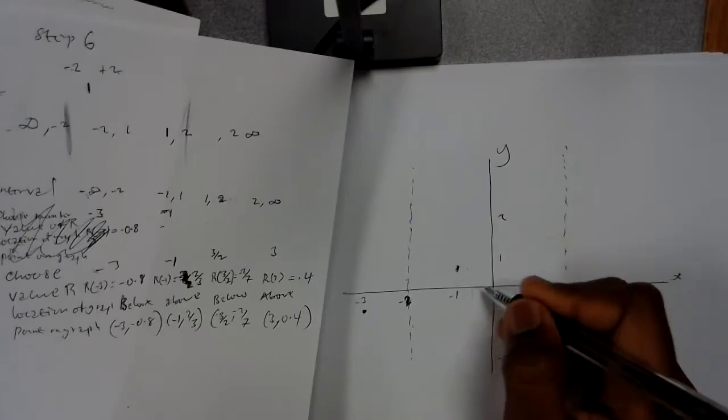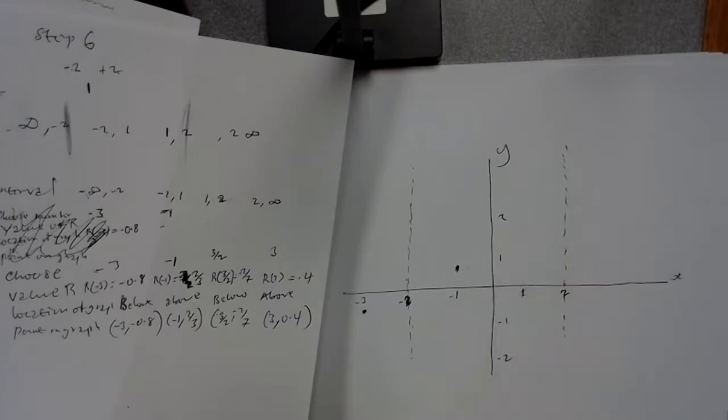It's just this region around here. The scale of the graph is not accurate; I just put the point where I thought it was supposed to be. It's not to scale. Okay, I plotted that one.